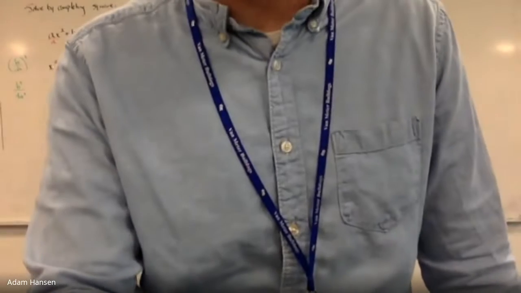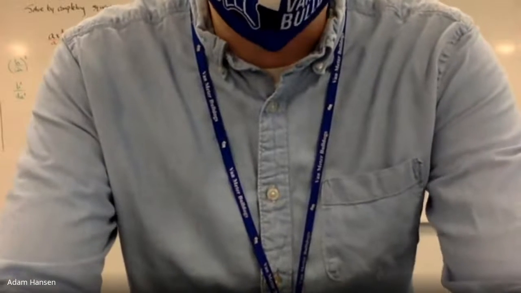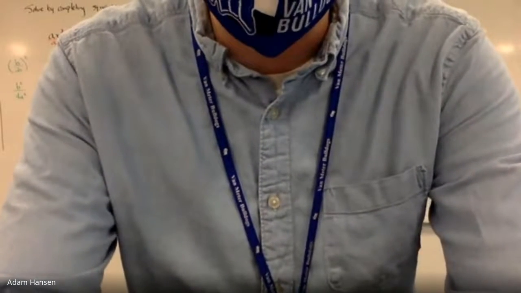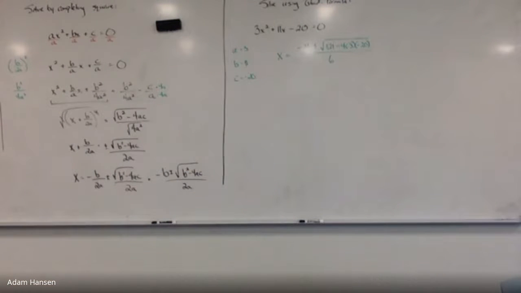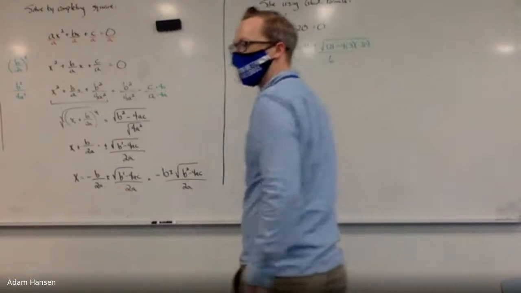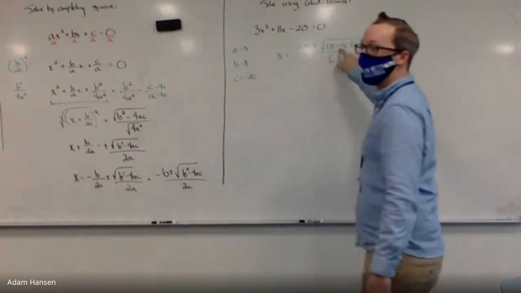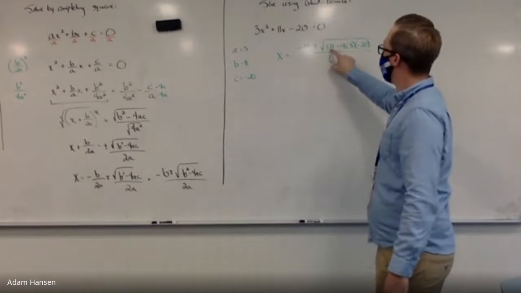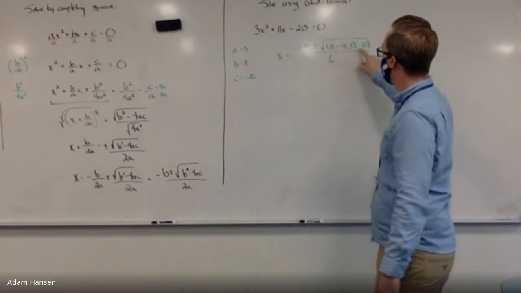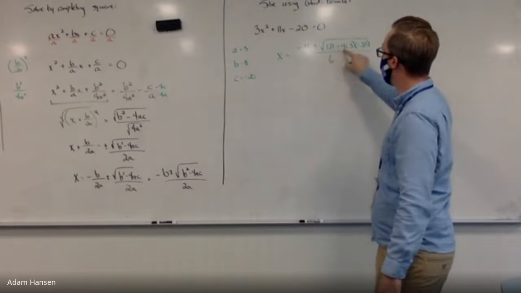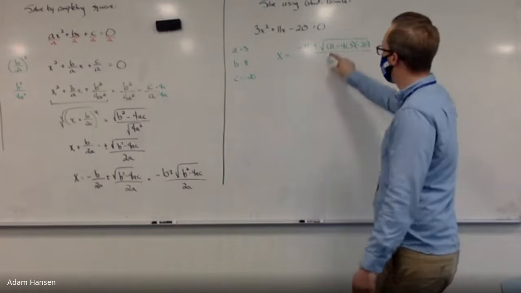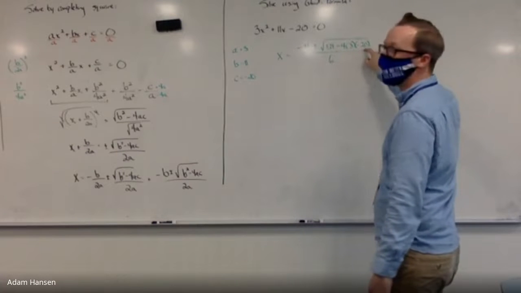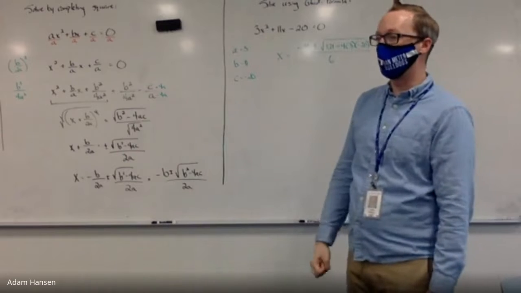Let me try on Desmos here. 121 minus 4 times 3 times negative 20 looks like 361. It's b squared minus 4ac, so 121 minus 4 times 3 and negative 20. I typed that exactly like it reads into a calculator, and it gave me 361.